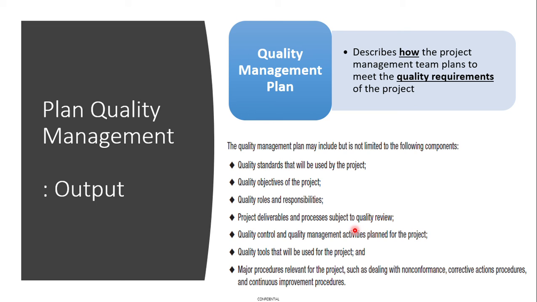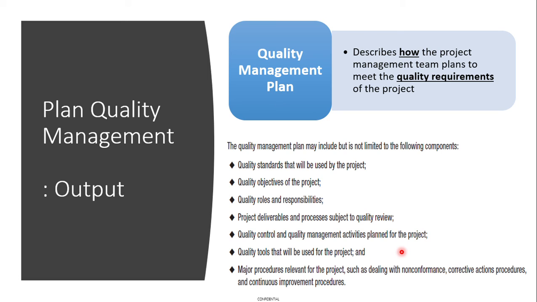So you can identify these are the project deliverables that should go under strict quality reviews. Of course, if it is software, maybe everything is under quality review. But if you're in a construction project, then not all deliverables may need such strict quality. Maybe at the foundation level or at the slab level you have to maintain quality. So those project deliverables you can start to identify. These are the project deliverables that should be subject to quality reviews.